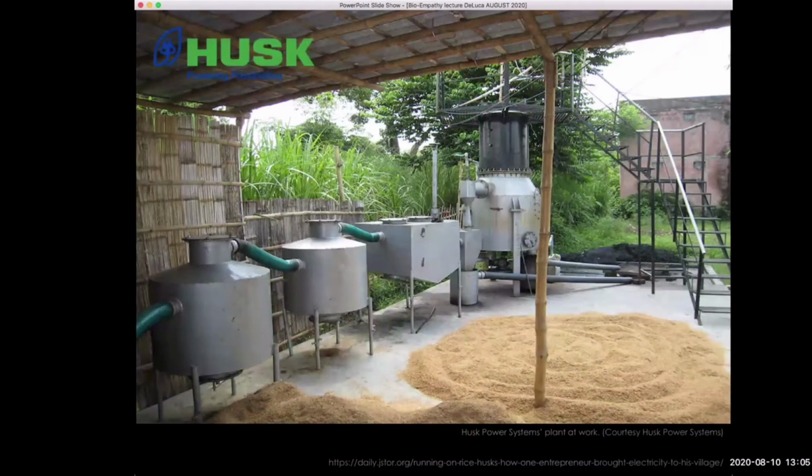One example of a process to accomplish something is a group called Husk. They take waste agricultural materials, in this case, I think, rice husks, the outside of rice. So it's waste material from agricultural processing, and they set up a process to turn that into a form of energy that they can then feed into the energy system. So it's using a process in order to accomplish its design goals.